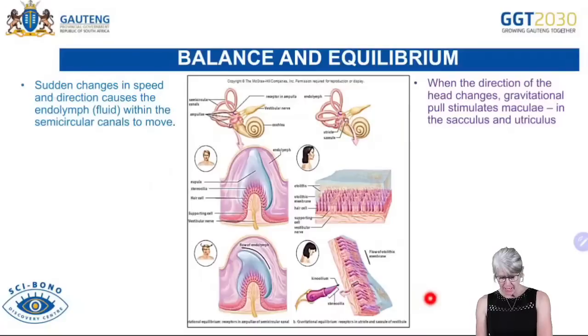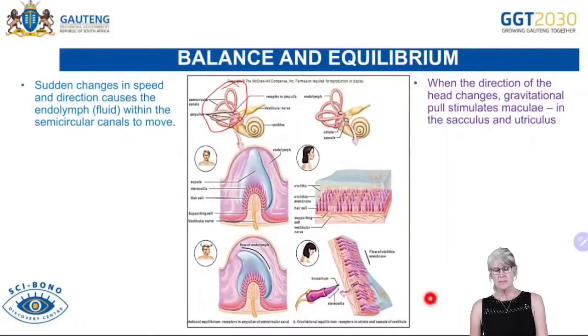So if we have sudden changes in speed and direction of our head, say when you're running around on a soccer field or on a netball court, or you're running away from something, or running to catch the taxi, then that sudden change is going to cause the receptors in your semicircular canals to be stimulated.